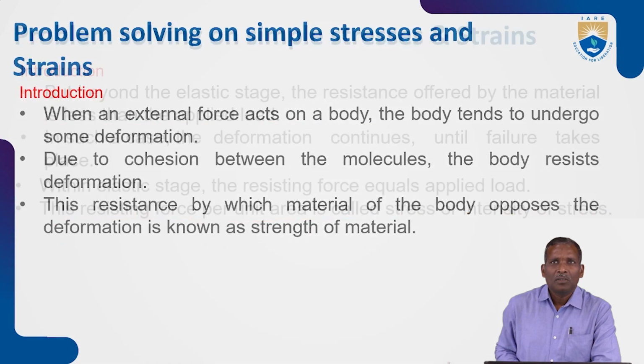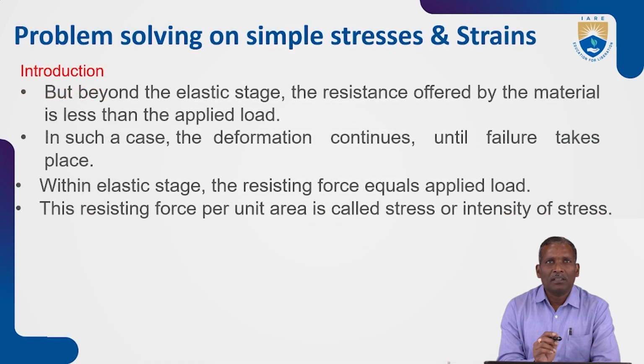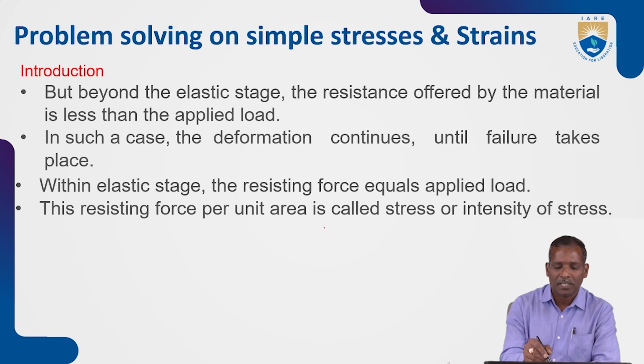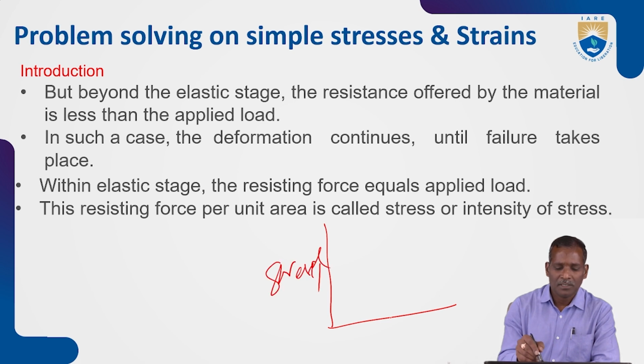Beyond the elastic stage, the resistance offered by the material is less than the applied load. In such a case, the deformation continues until failure takes place. Already we have seen this in a stress-strain diagram, with stress and strain.